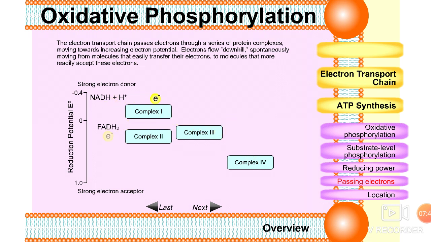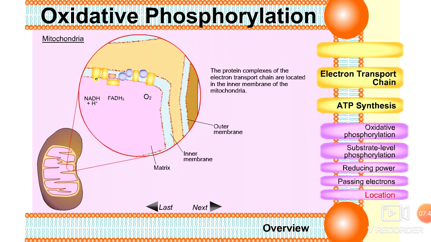And students, where are all these complex systems present? Within the mitochondria. All the complex systems, complex 1 to complex 5, are present in the mitochondria. Here complex 1 is NADH coenzyme Q reductase. Complex 2 is succinate coenzyme Q reductase.